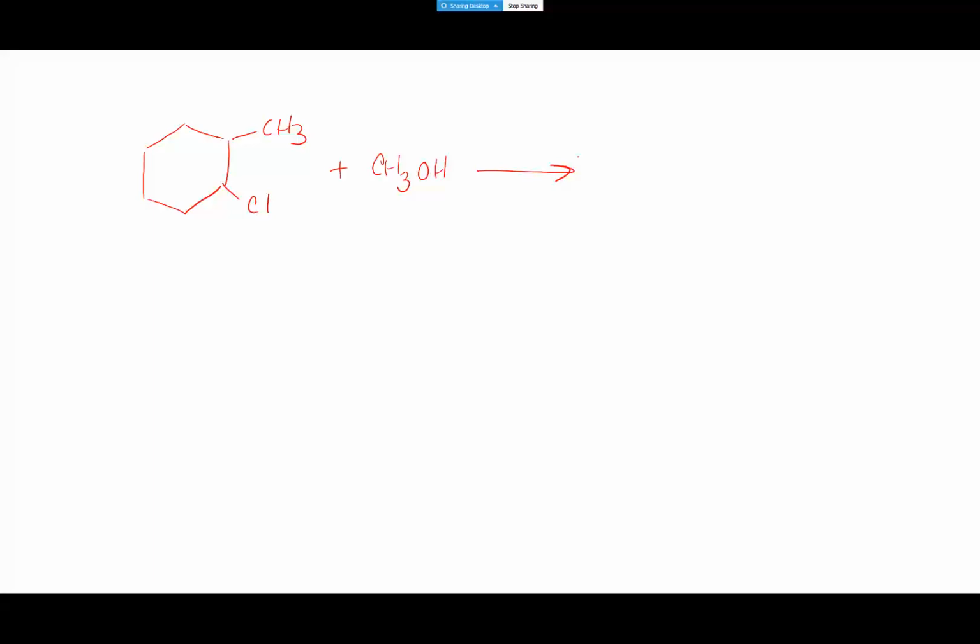So what should I do first? Right, so what should I do? First step. Oh, you remove the Cl. I'm going to break the carbon-chlorine bond and form the carbocation.